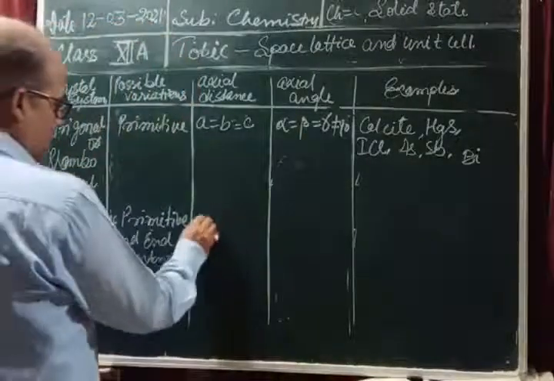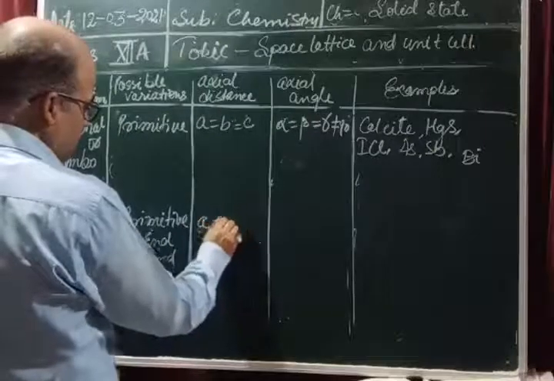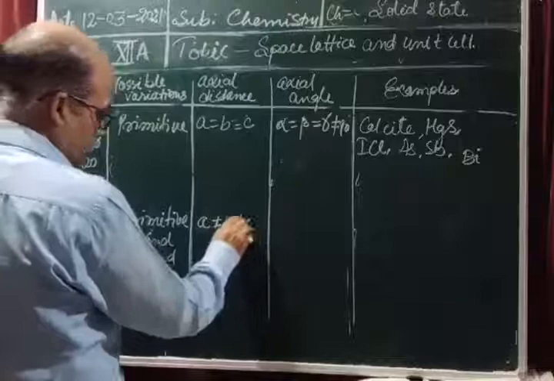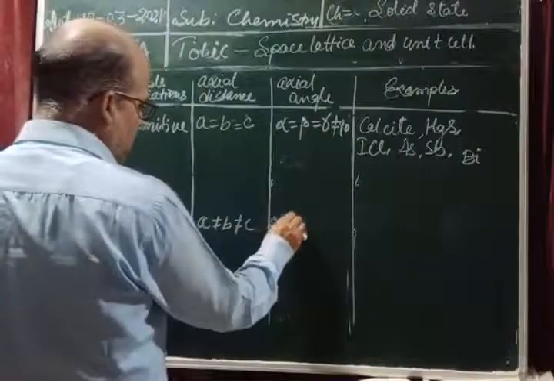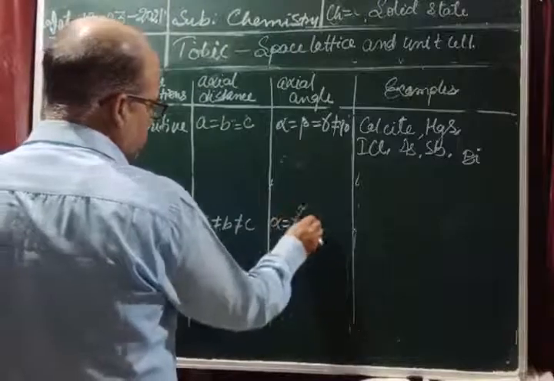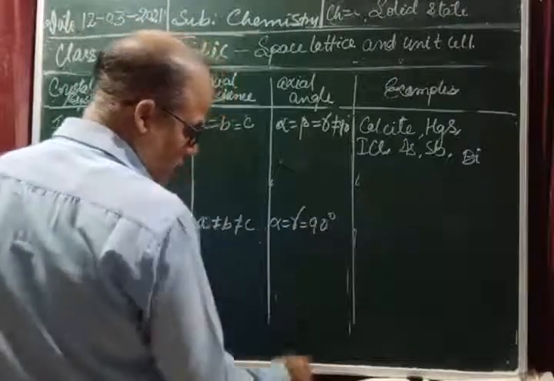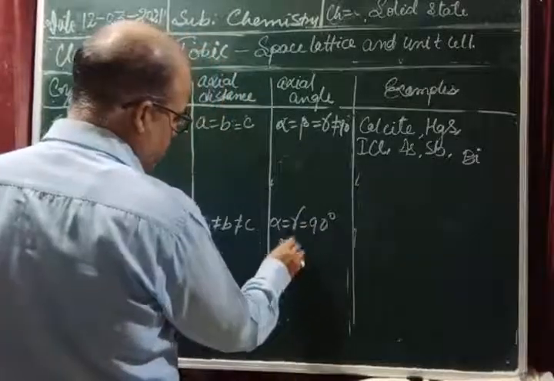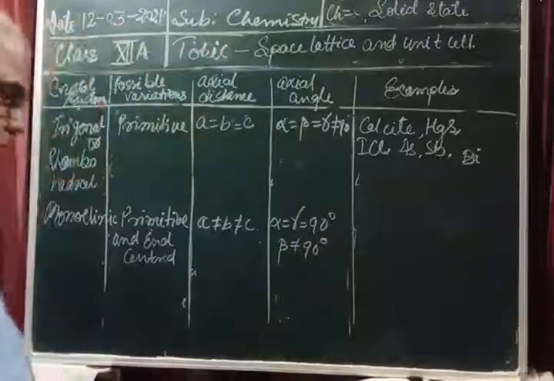Here A is not equal to B is not equal to C. Here alpha and gamma are equal to 90 degree and beta is not equal to 90 degree. Okay.